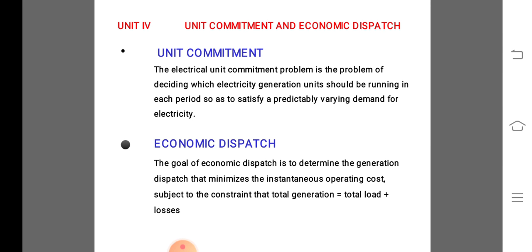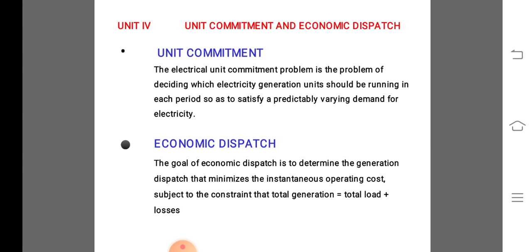Even though its output is changed for different reasons, the factors influencing the cost of generation are the generator efficiency, fuel cost and transmission losses. The most efficient generator may not give minimum cost since it may be located in a place where fuel cost is high.